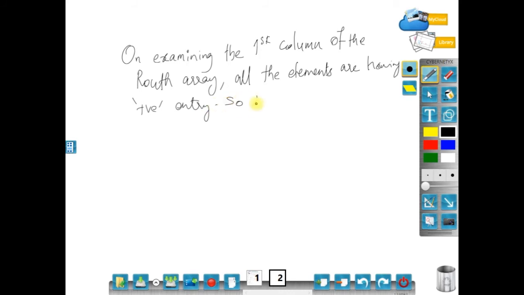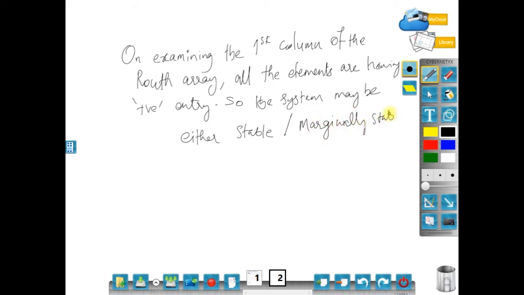So the system may be either stable or marginally stable. This is a temporary statement, right?